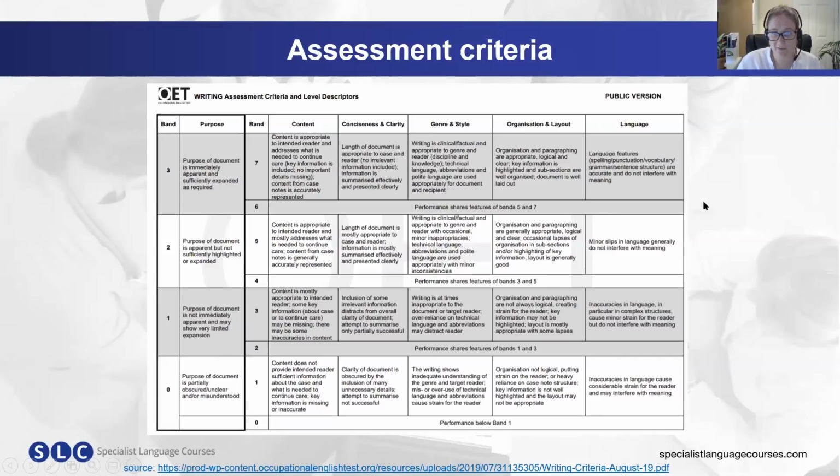So let's have a look at how this student did in each of the criterion, and I'll just make a brief comment on what they did well and what needs to be improved, because this is what you should focus on when you're doing your OET writing. Am I fulfilling the criteria? What areas do I need to improve on? And then really work on improving these areas so that you can increase your chances of doing well in the exam.